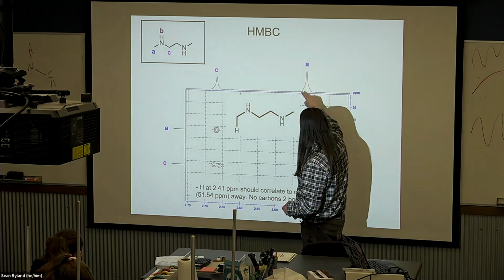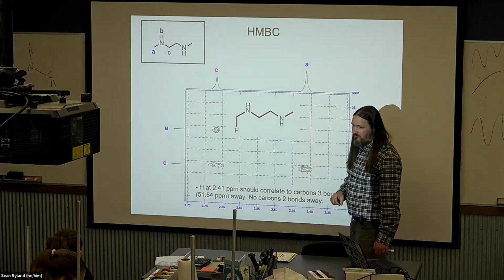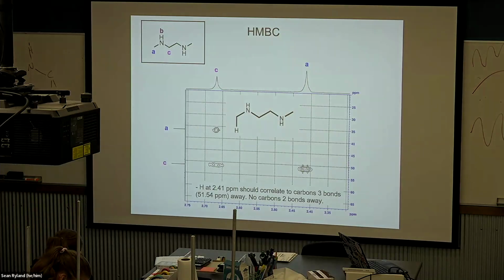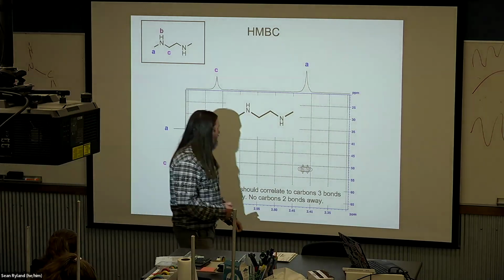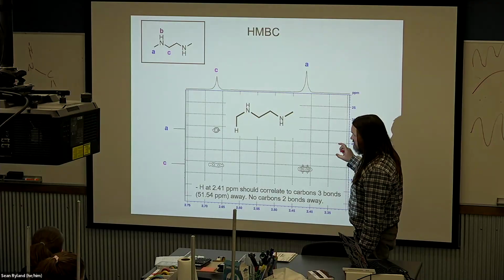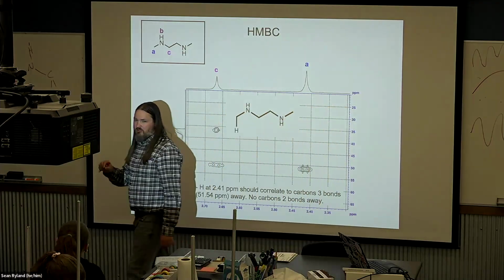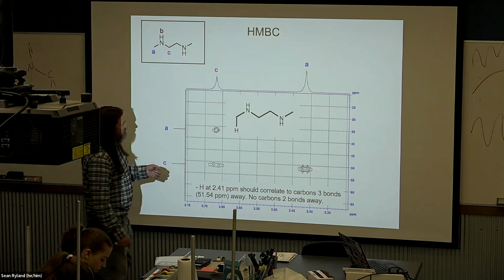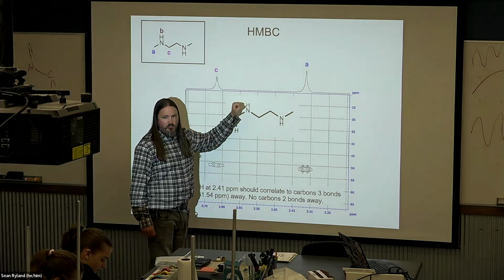So proton A is correlated with carbon C, and proton C is correlated with carbon A, 1, 2, 3 bonds away. There are no carbons 2 bonds away. And this won't work with a nitrogen, because remember, for NMR to work at all, we have to have an odd number of particles in the nucleus. Nitrogen has 14 particles in the nucleus, so nitrogen won't show up in this at all.